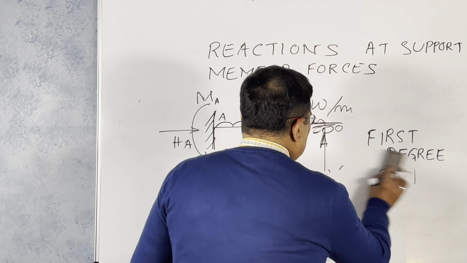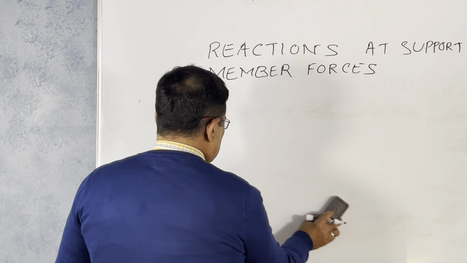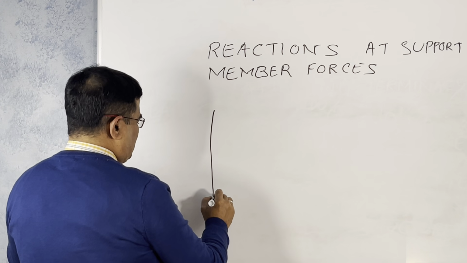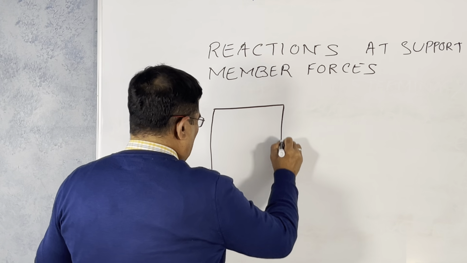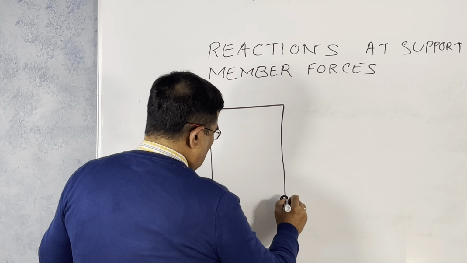So now we use our general equation. Suppose you have a structure like this. Very complicated, a little bit difficult, not the easy structure this time. This is a hinge.